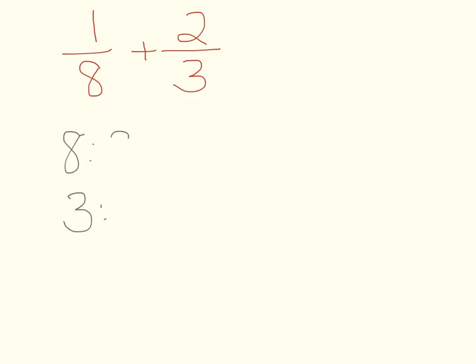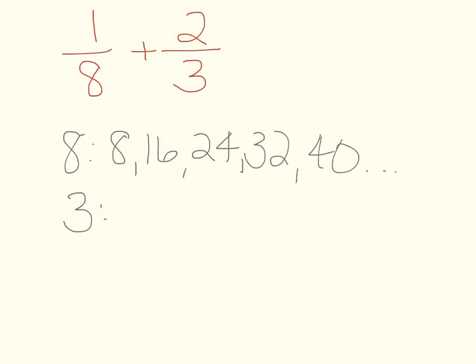The multiples of 8 would be 8, 16, 24, 32, 40. I usually like to just write out about 5 of them, and then if none of them work, then you can continue on. So for 3, you would have 3, 6, 9, 12, 15.